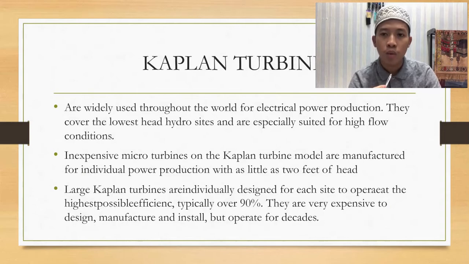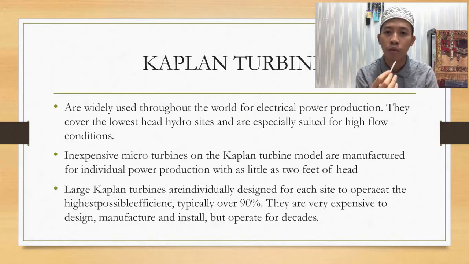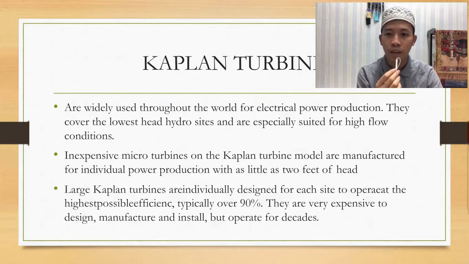They cover the lowest head hydro sites and especially suit high flow conditions. Independent micro turbines on the Kaplan turbine model are manufactured for individual power production with as little as 2 feet of head. Large Kaplan turbines are individually designed for each site to operate at the highest possible efficiency, typically over 90%.